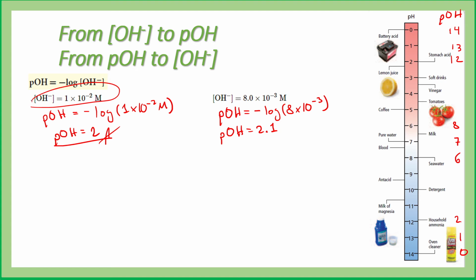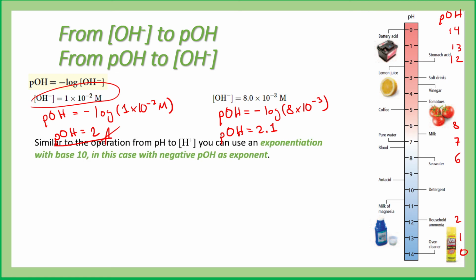And what happens if you want to go from pOH to hydroxide ion concentration? In a very similar way, you can go the other way using an exponentiation with a base of 10, and in this case with negative pOH as the exponent. Very similar to the hydrogen ion concentration calculation. For example, this milk of magnesia. But wait a moment, this is pH, it's not pOH.